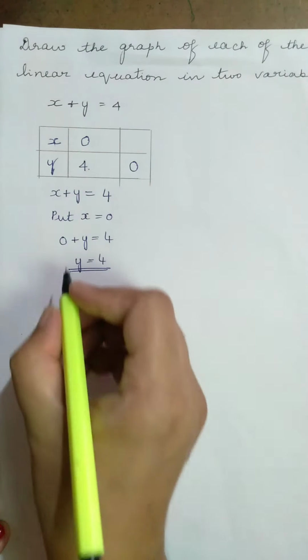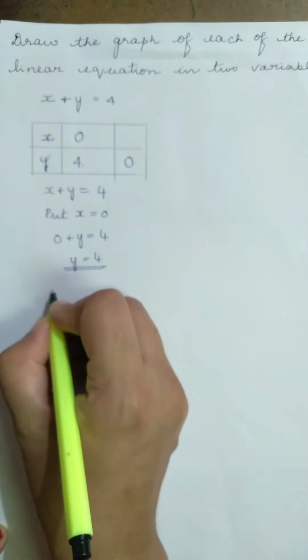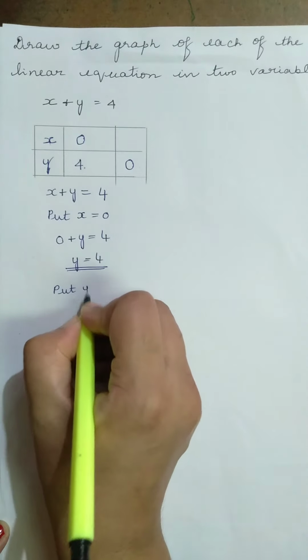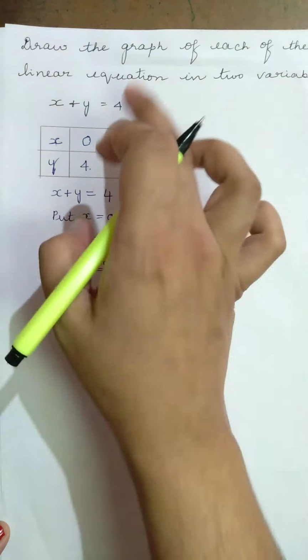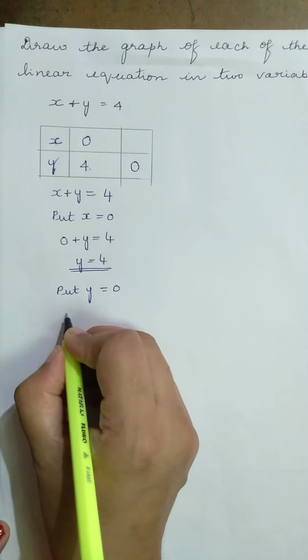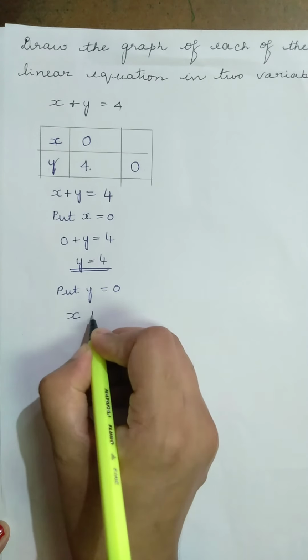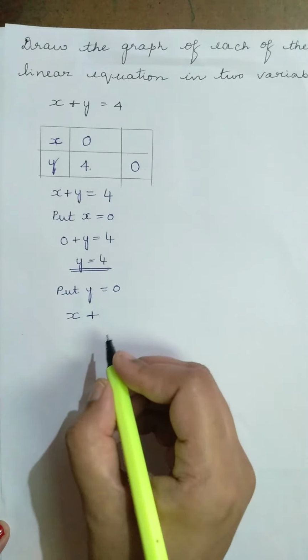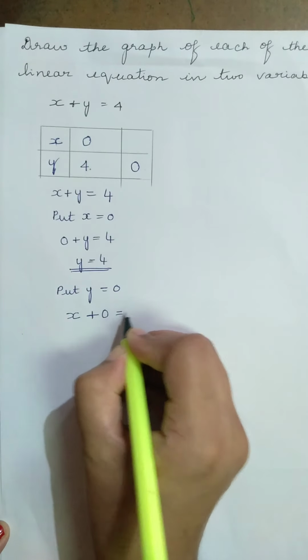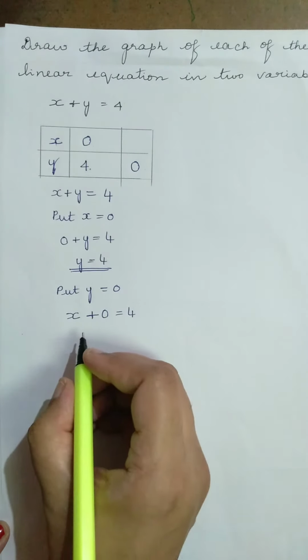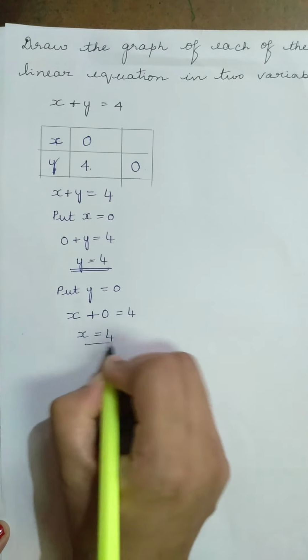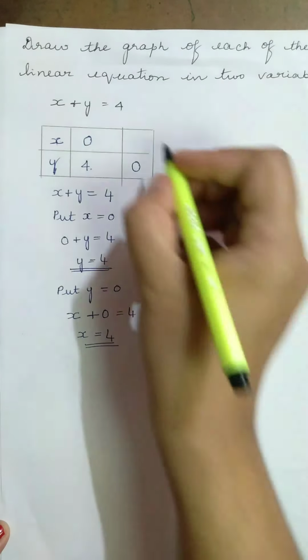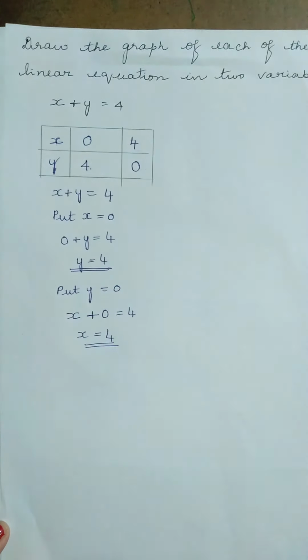Now, we have taken y value equal to 0. Therefore, put y value equal to 0 in this equation. Therefore, x plus 0 equal to 4. Therefore, the value of x will be equal to 4. Substitute in this table.